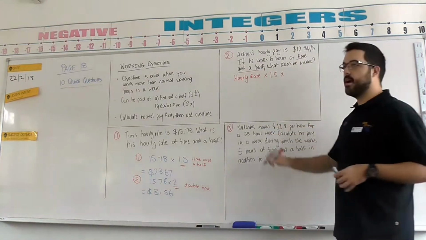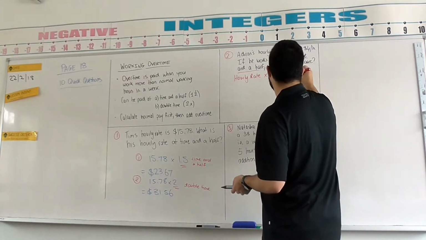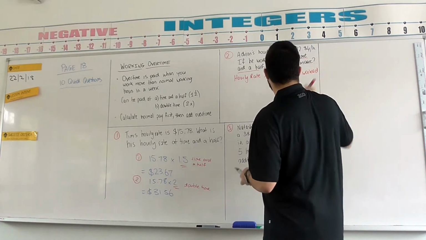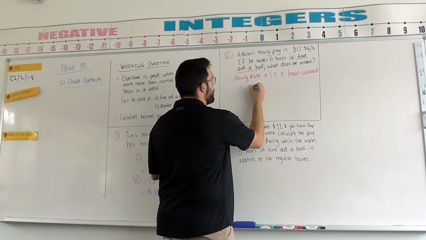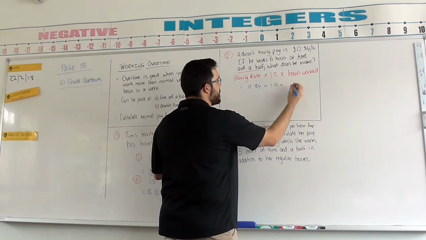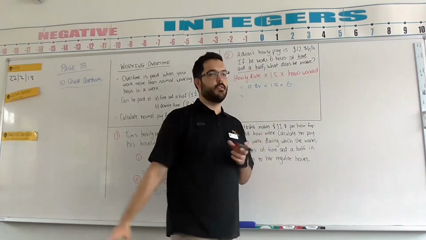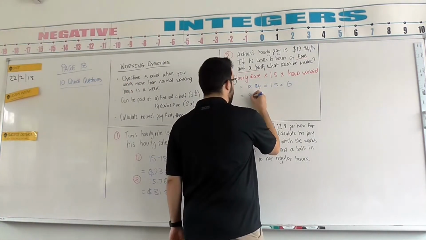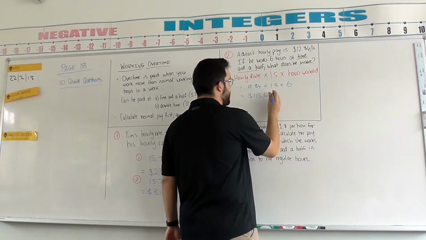Then what do we multiply it by? 6, the hours worked. So it's his hourly rate, $12.84, multiplied by 1.5, which is his time and a half, multiplied by his hours worked. What's that going to be? $115.56.